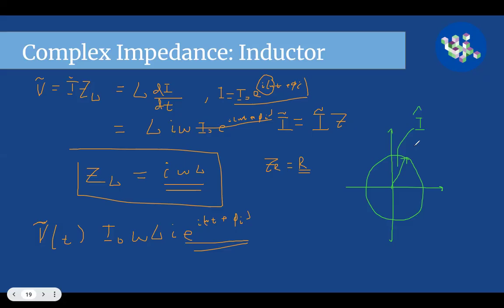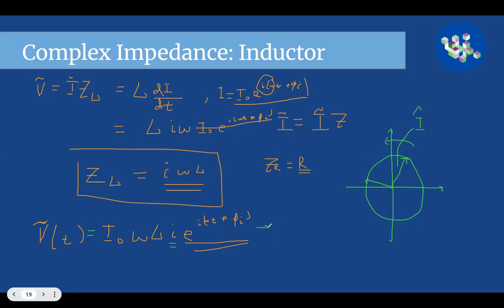Now this vector is rotating, right? If I multiply my I hat vector by an I over here, I'm essentially just rotating it by 90 degrees. So if I rotate it by 90 degrees, this is equal to my V of t.